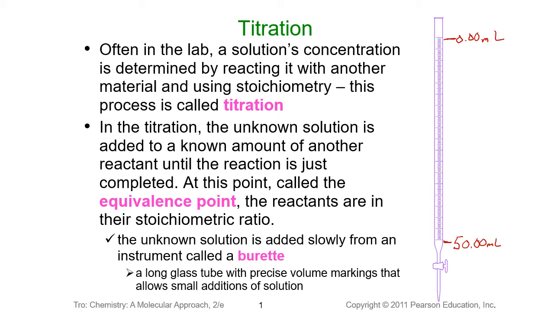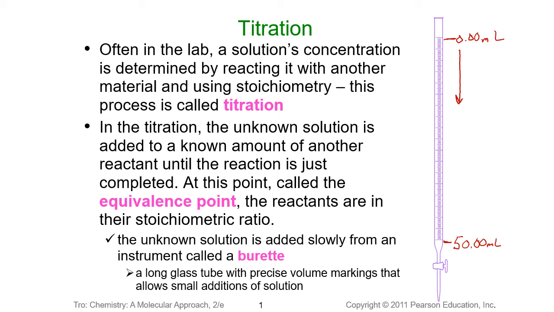You're going to start your titration somewhere near the top. You record that volume. You dispense a certain amount of liquid going down the burette, and then you read that volume once you've reached your equivalence point. To find the volume added, it's the final volume minus the initial volume.